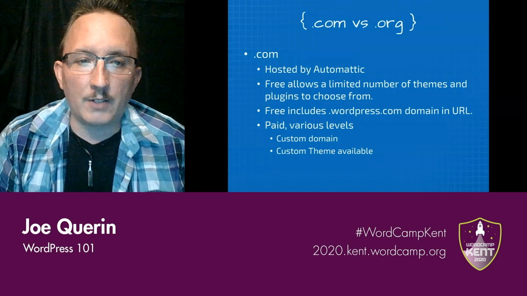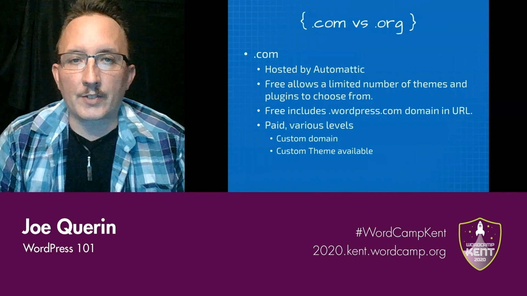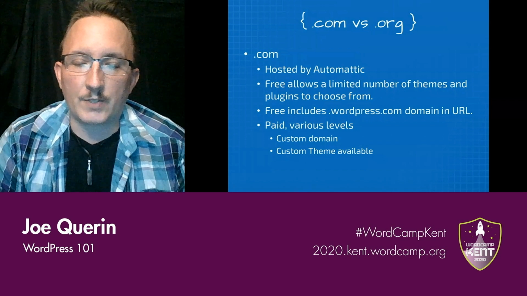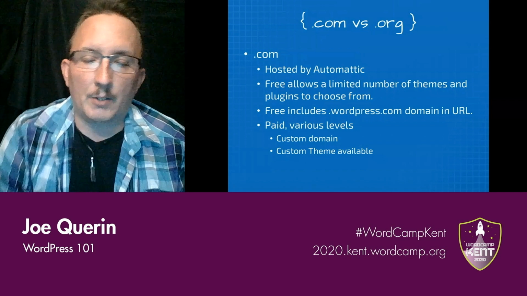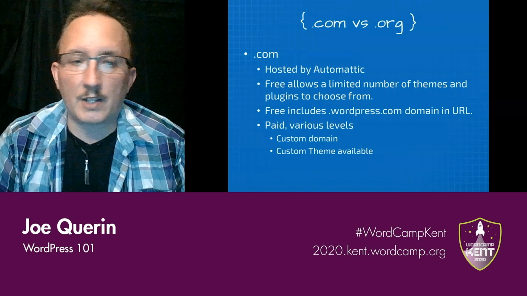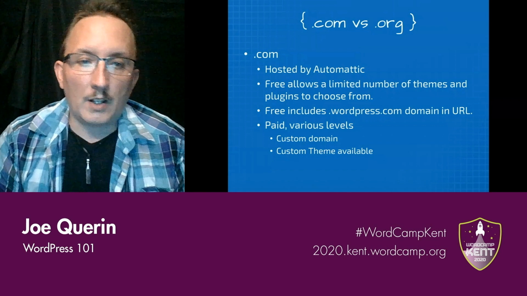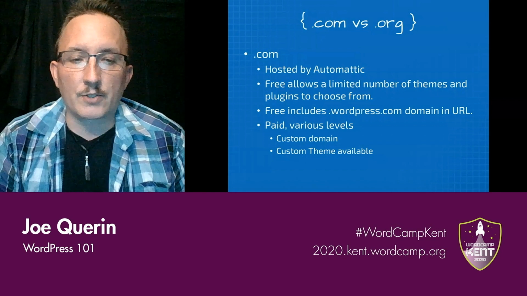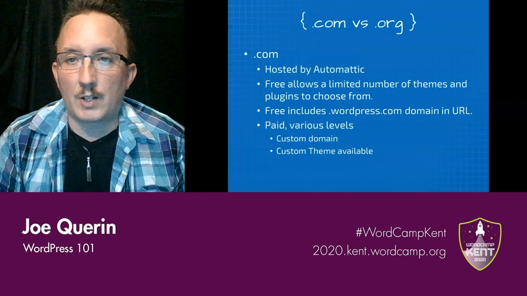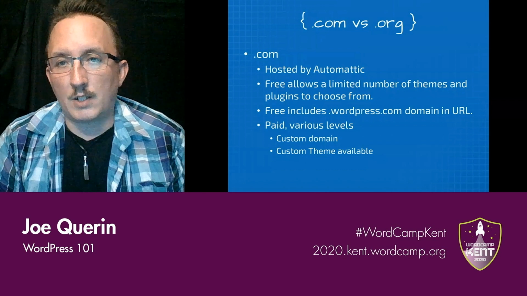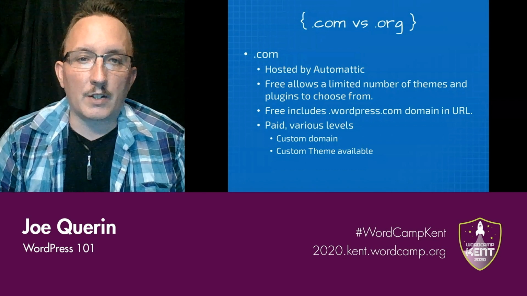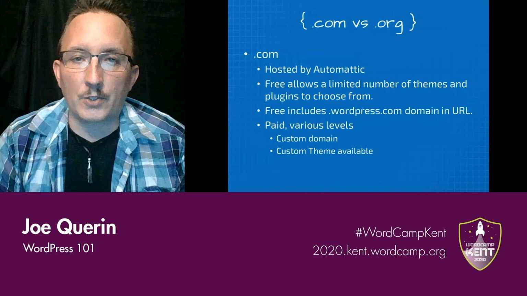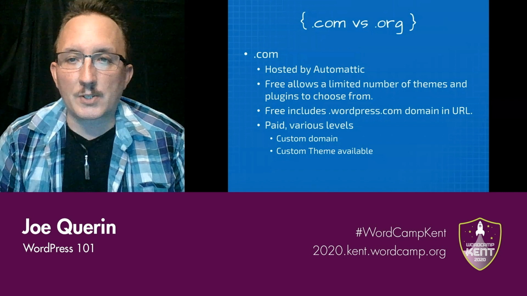There are paid plans at various levels, and those levels unlock different functionality within your WordPress.com site, including a custom domain. You can even get to a level that allows you to have custom themes or custom plugins that can be uploaded. So it definitely depends on your budget, how much you can spend.